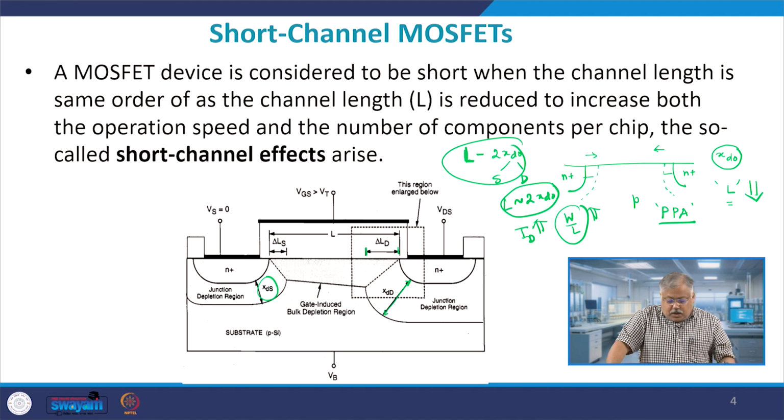Now, when you apply gate bias here greater than the threshold voltage at this particular point, you have a gate induced bulk depletion layer, which is very true also.